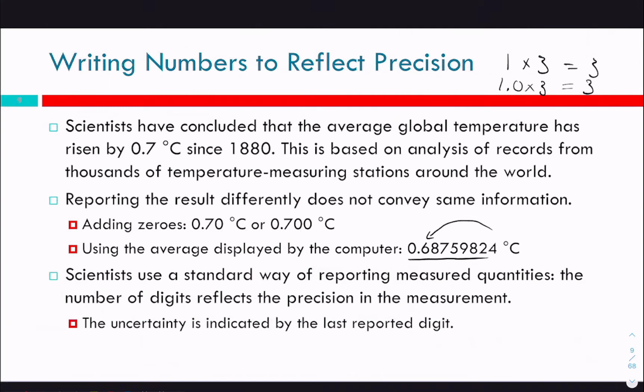No, sorry, I'm saying that wrong. For this number, it's actually measured accurately to the ones place, and then this 0.7 has some level of uncertainty to it because it's the last digit. So that last digit reported is always going to have the uncertainty.